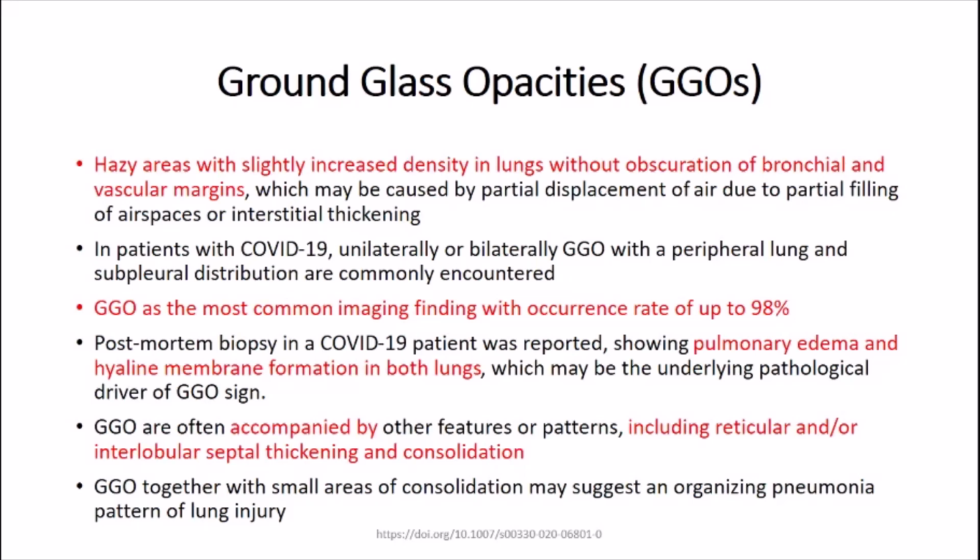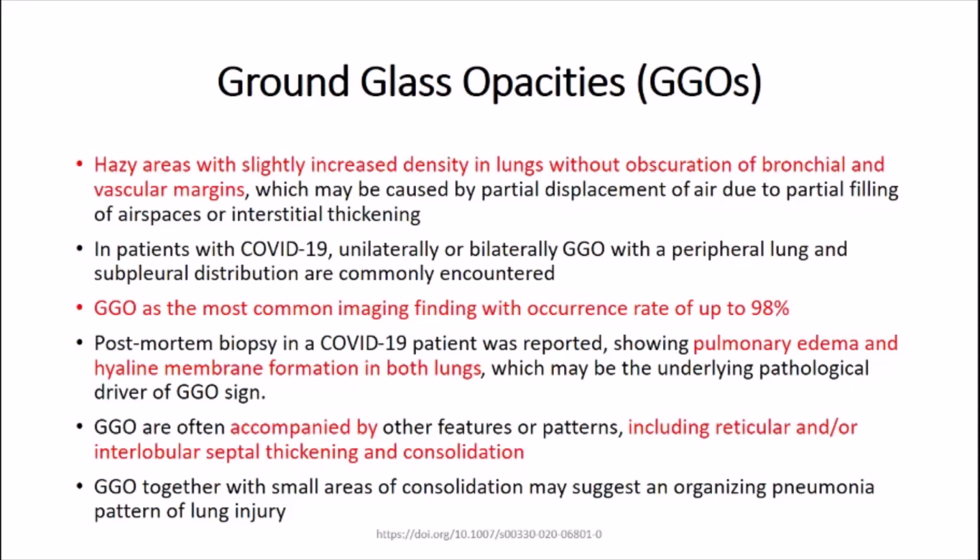In COVID-19 patients, they can be unilateral or bilateral, more commonly bilateral, peripheral and subpleural, and posterior more than anterior, and more in lower lung lobes. And it is considered the most common imaging finding, with an occurrence rate of up to 98% of cases of COVID-19 imaged by CT.